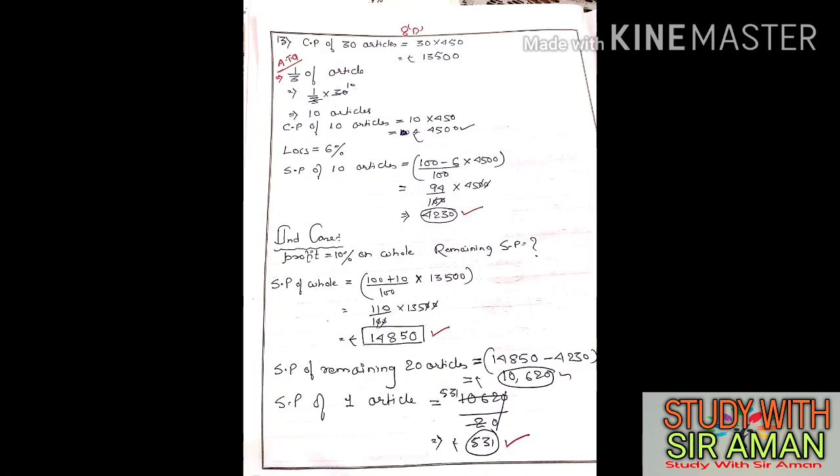But already he has sold one third, means selling price of remaining 20 articles. 10 articles he has sold in the first case. So the selling price of remaining 20 articles will be overall minus 4230, so 10,620 rupees is the selling price of 20. Therefore the selling price of one article will be, we will divide by 20, 531 rupees each. Then he will have gain of 10% on whole. Okay, so this question has two parts.